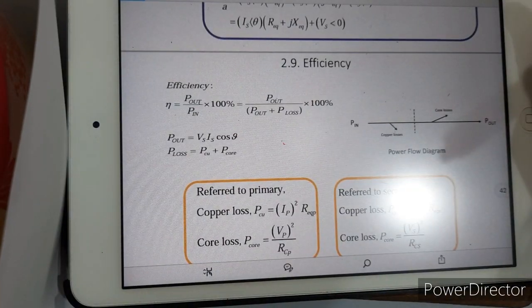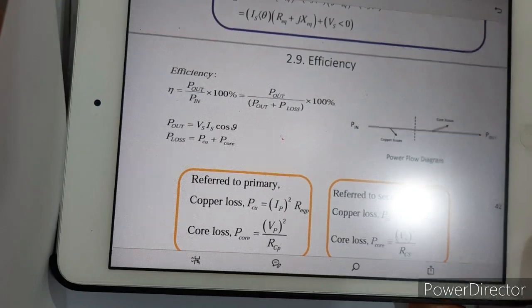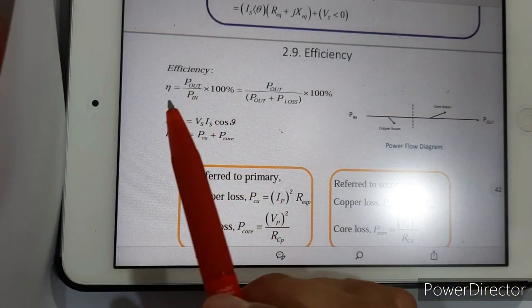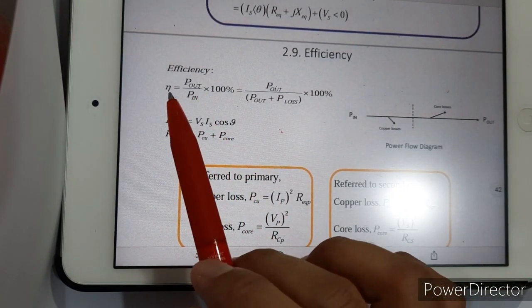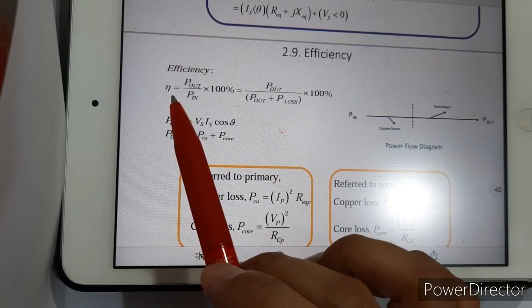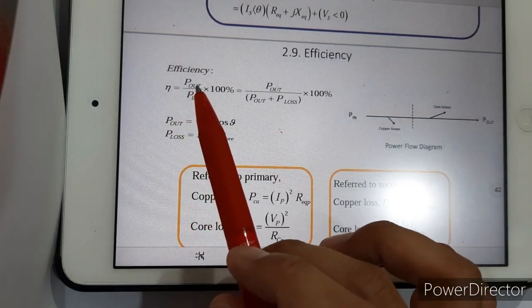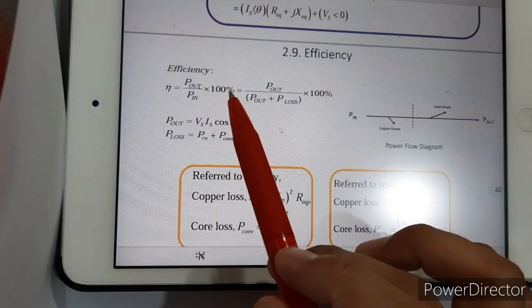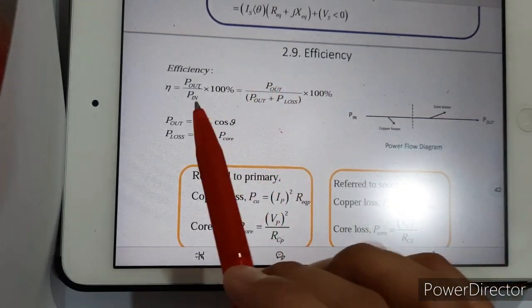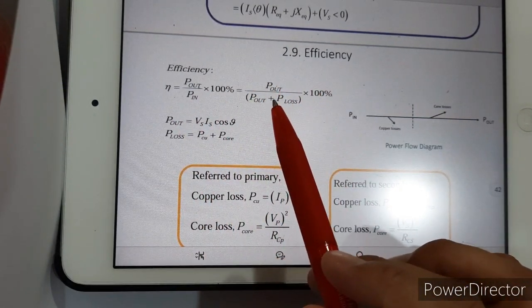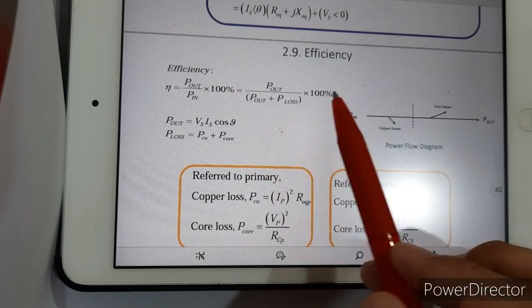Okay, so next we move to the efficiency of the transformer. The general equation is, this is the symbol for efficiency: P out over P in multiplied by 100%. And P in we can write as P out plus P losses.